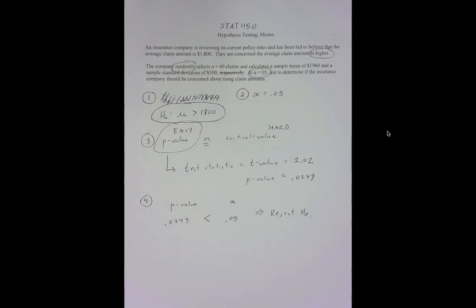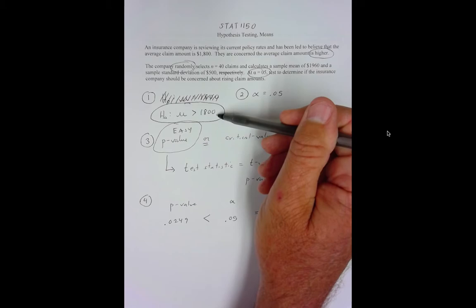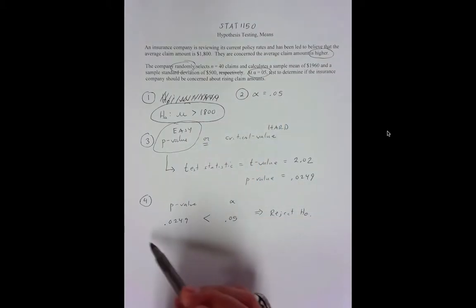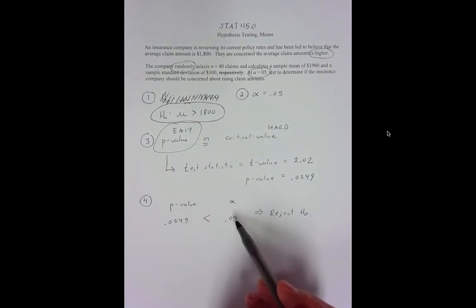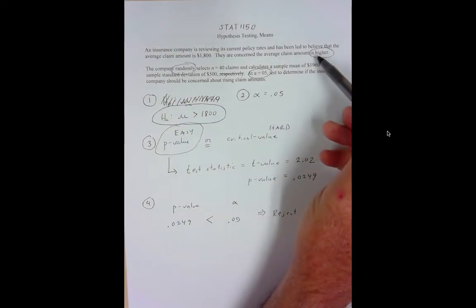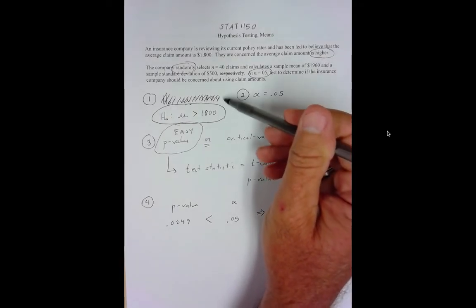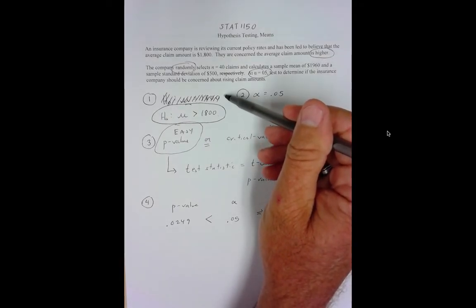Now remember, in the very first video that I put up, I said hypothesis testing enables us to make a decision between two statements. Statement 1, Statement 2. Based on this criteria, where our p-value is less than alpha, the alternative hypothesis that the mean has actually increased, it's higher than 1800, is more believable than it hasn't changed.